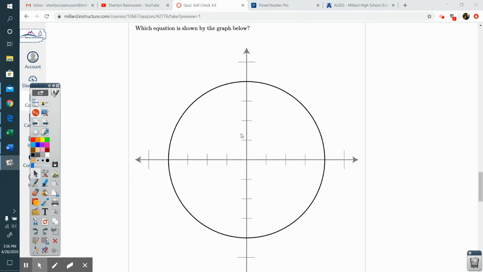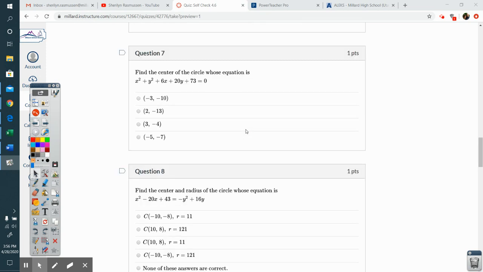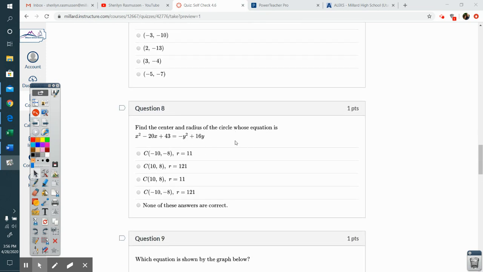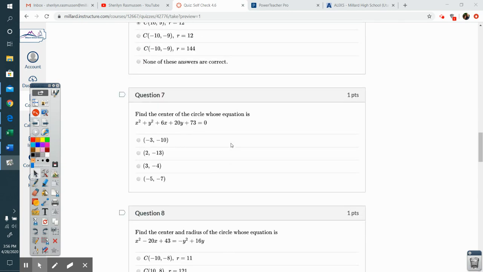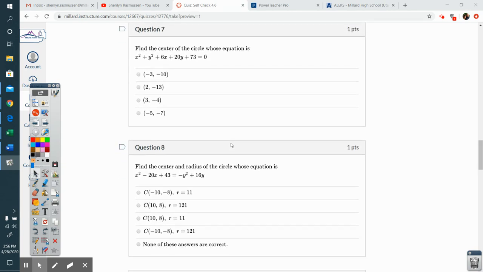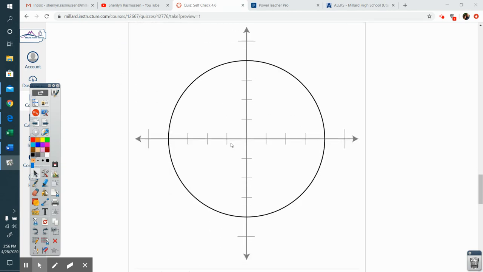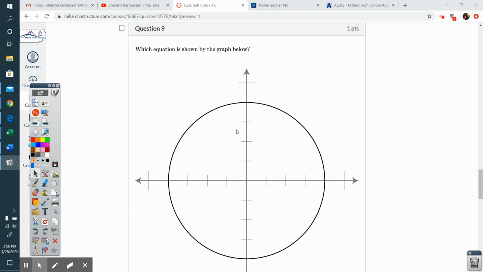Okay, so if you're looking at this one, we would solve just the way we have. I'm just looking through to make sure that I've done all the examples. So here it says which equation is shown by the graph. The radius is really right in the center because it's 1, 2, 3, 4 to this side, and 1, 2, 3, 4 in each direction.